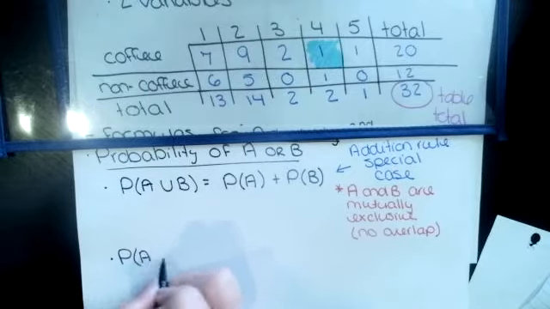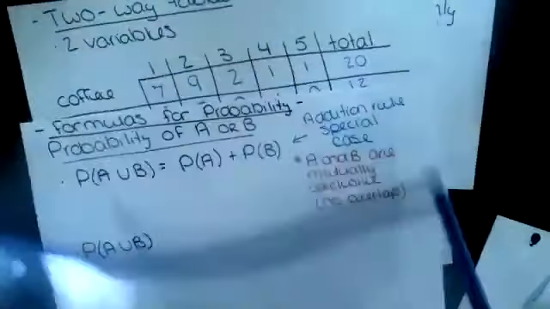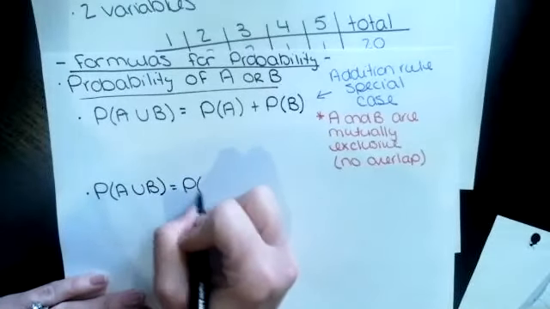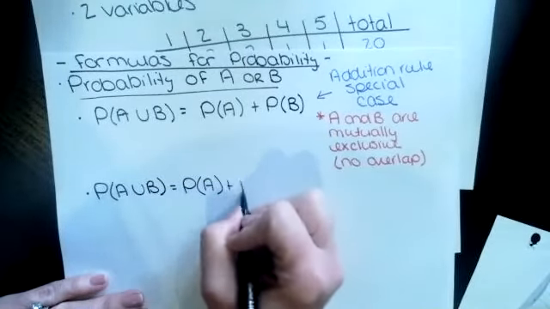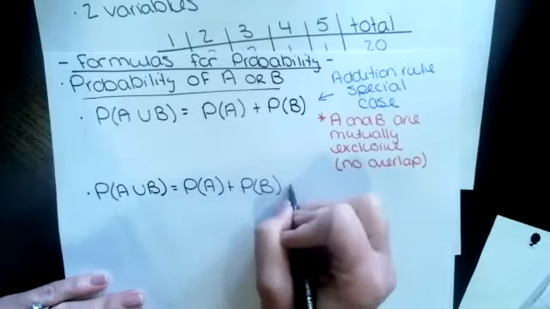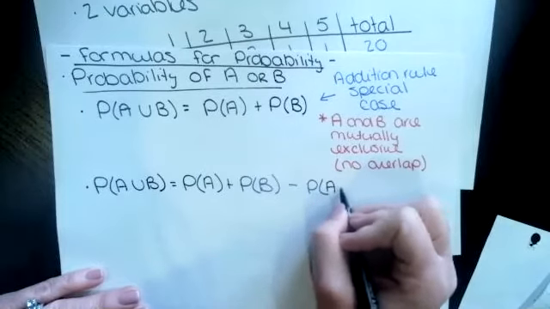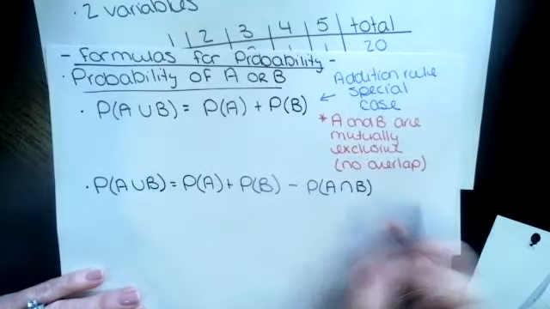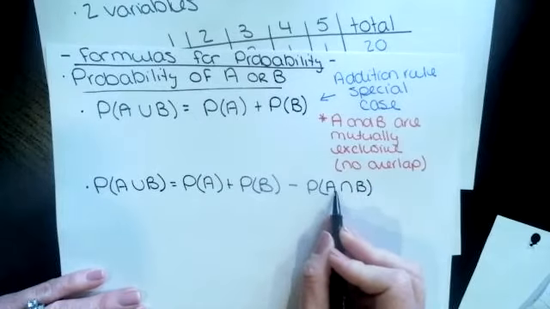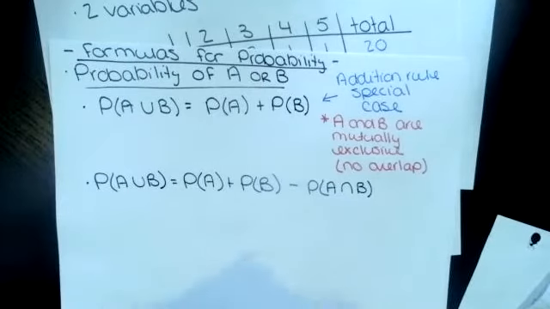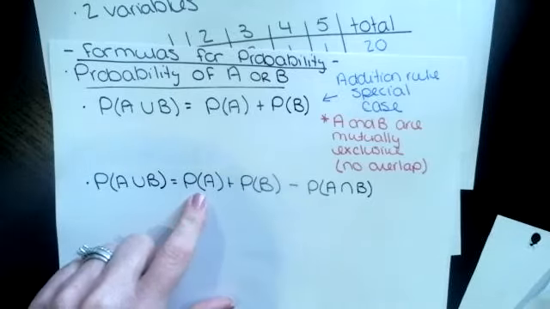So the probability of A or B, my notation looks the same because I'm still calculating the same thing, probability of A or probability of B. And this is going to be equal to, it's going to look the same, probability of event A plus the probability of event B, but I'm going to subtract out what we call that overlap, the probability of A and B. So remember when I showed you in the table, A and B was the overlap, right? It was where someone fit in both categories. So this is when they're not mutually exclusive. This is my general rule.